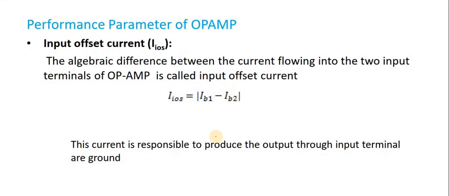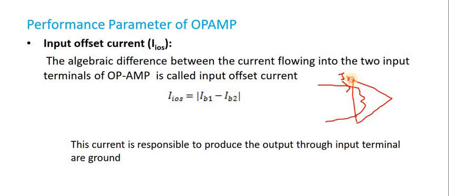Next is the input offset current. Now what is the input offset current? An OPAMP has very high input impedance. If it is completely ideal, your input impedance is infinite, so if input impedance is infinite, current should not flow.